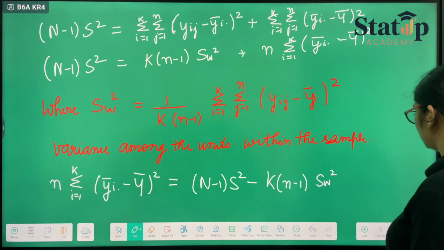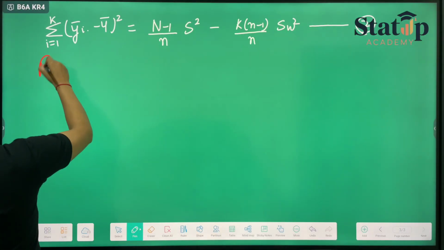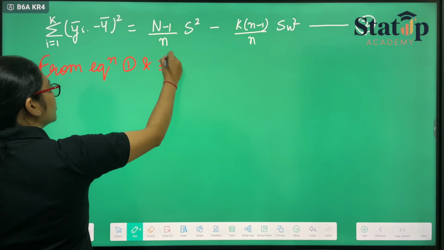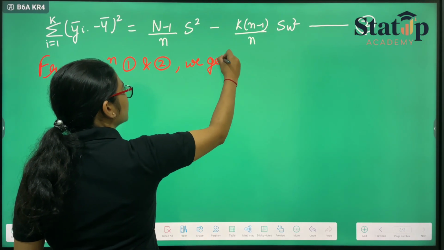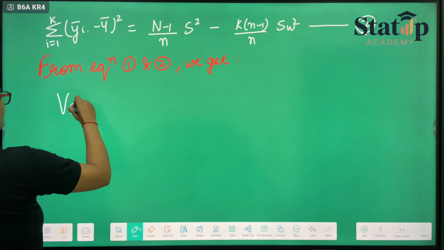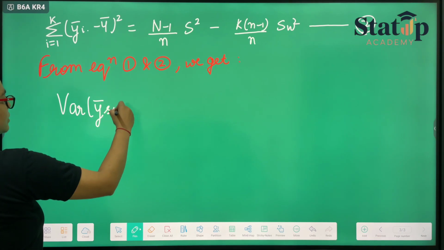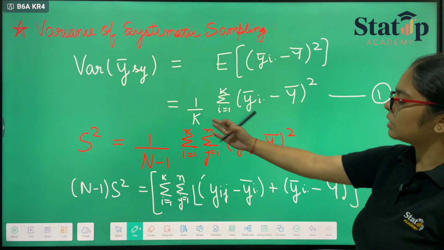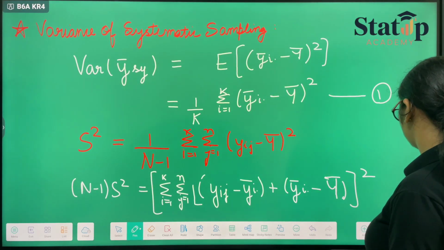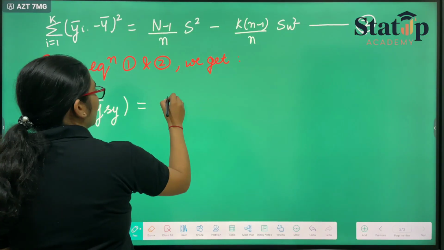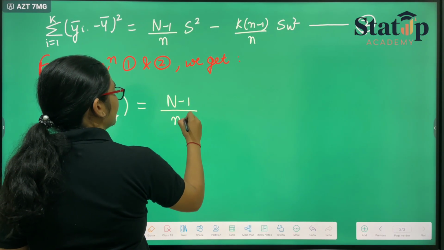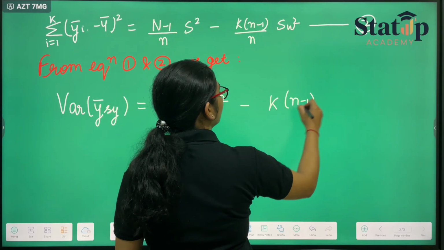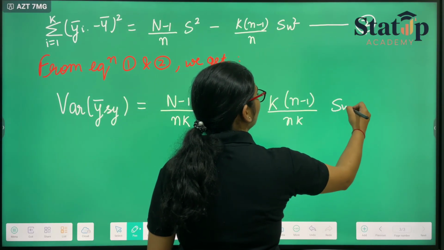Putting equation number 2 and equation number 1 equal, from equation 1 and 2 we get the variance of y bar systematic is nothing but, now here the denominator is k, so we will put (n minus 1) upon small n k S square minus k into (small n minus 1) upon small n k Sw square.